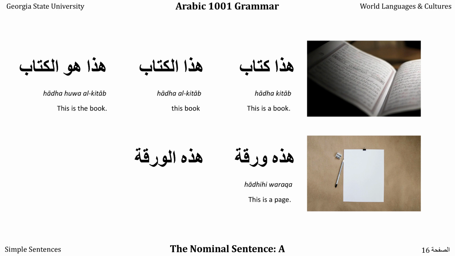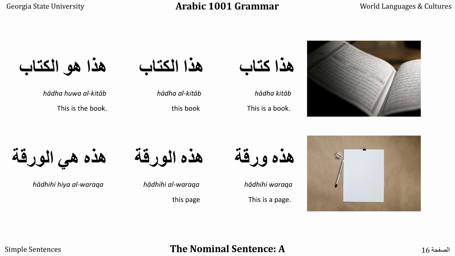Hadahil waraka, definite, definite, not a sentence, it's a phrase, and that means this page. Hadihi hiya al waraka, we have put the pronoun hiya to agree with hadihi in between the two of them to separate them and make it clear that this is a sentence and means this is the page. It would probably greatly benefit you to screenshot this particular slide and learn the pattern.